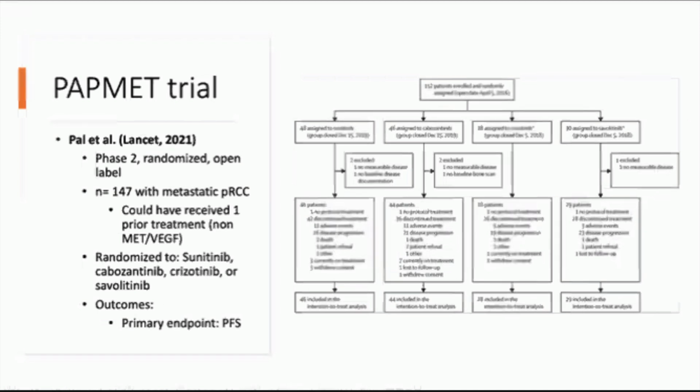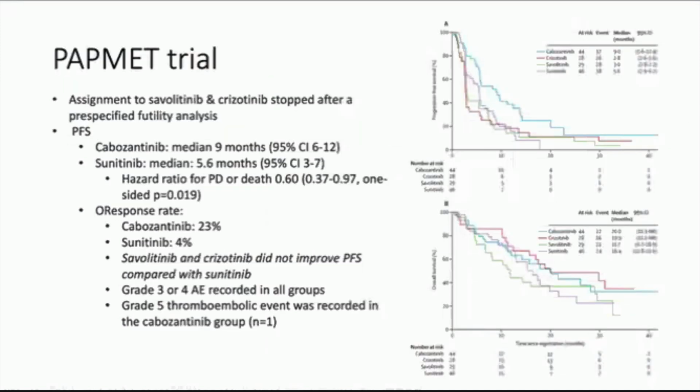And these patients were randomized to sunitinib, cabozantinib, crizotinib, and savolitinib. And their primary endpoint here was progression-free survival. So patient assignment to savolitinib and crizotinib was stopped earlier in the trial after a pre-specified futility analysis.